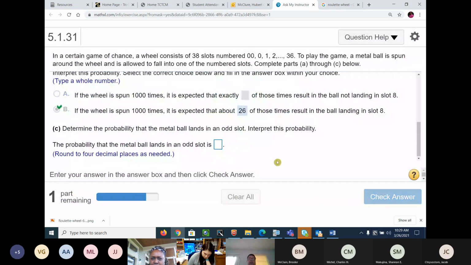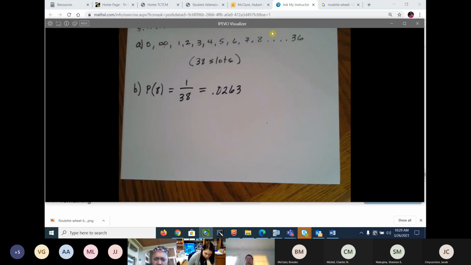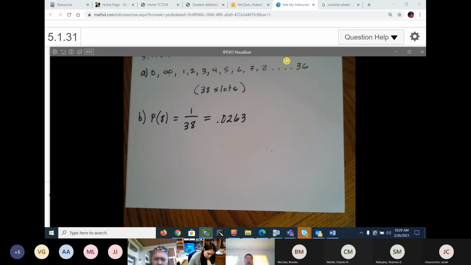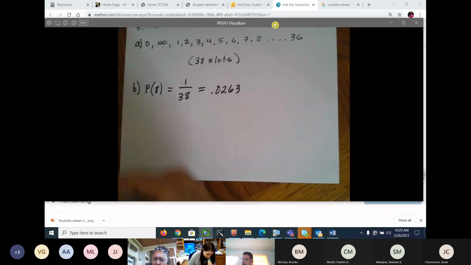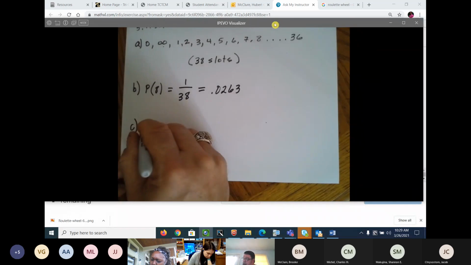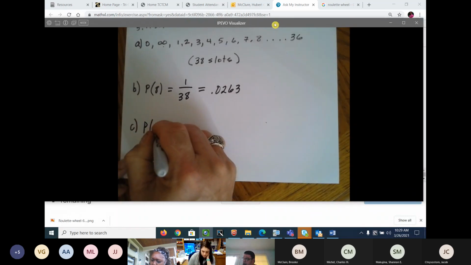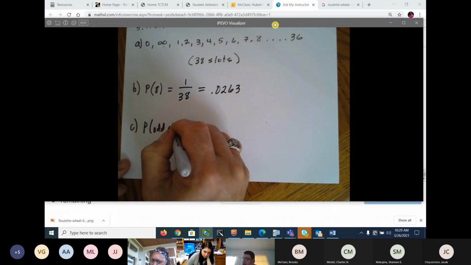Okay, determine the probability that the marble lands in an odd slot. Find the probability that the ball falls on an odd slot.